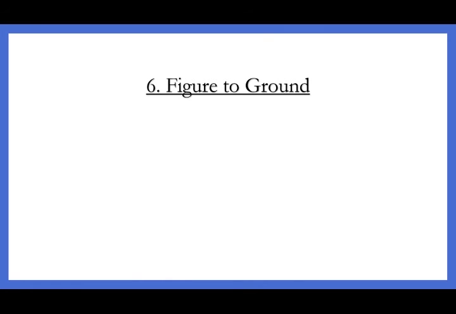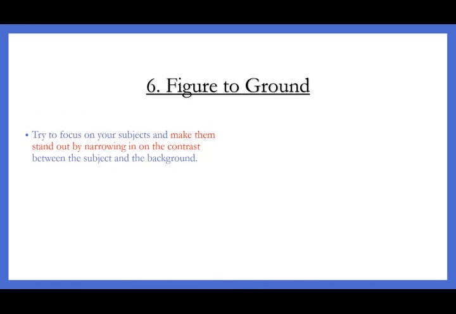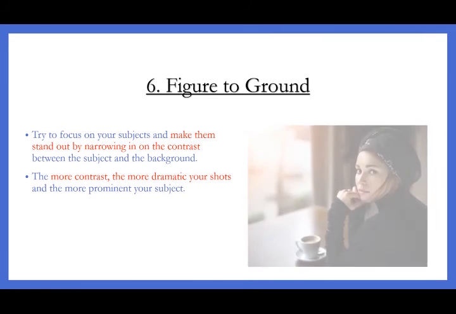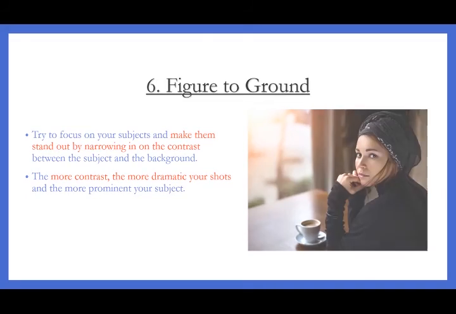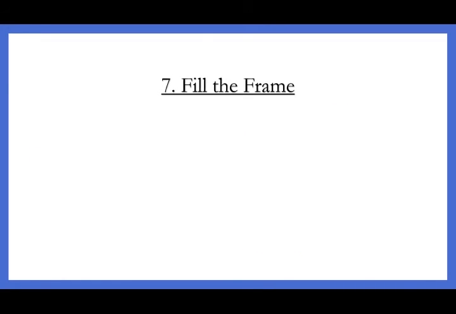Figure to ground. Let's try to focus on your subjects and make them stand out by narrowing in on the contrast between the subject and the background. The more contrast, the more dramatic your shots and the more prominent your subject. Fill the frame.